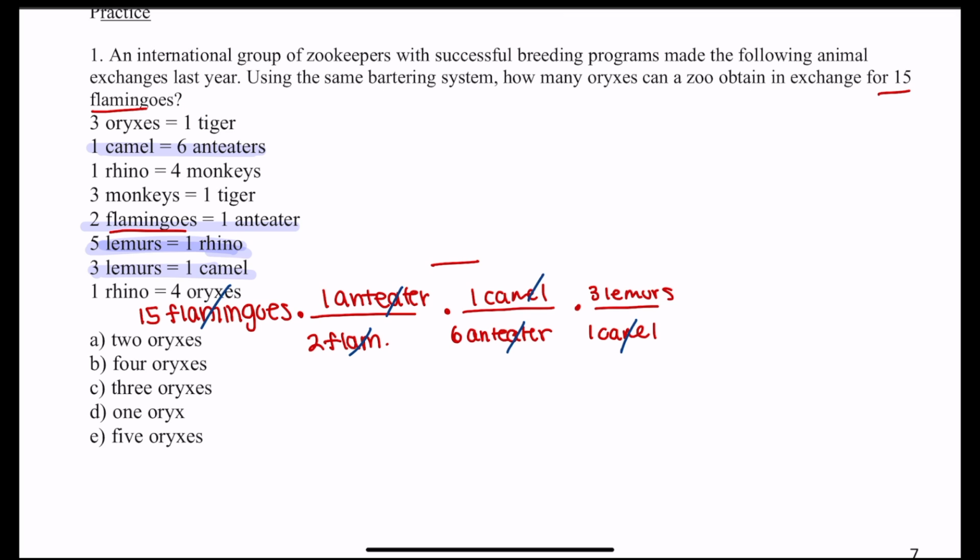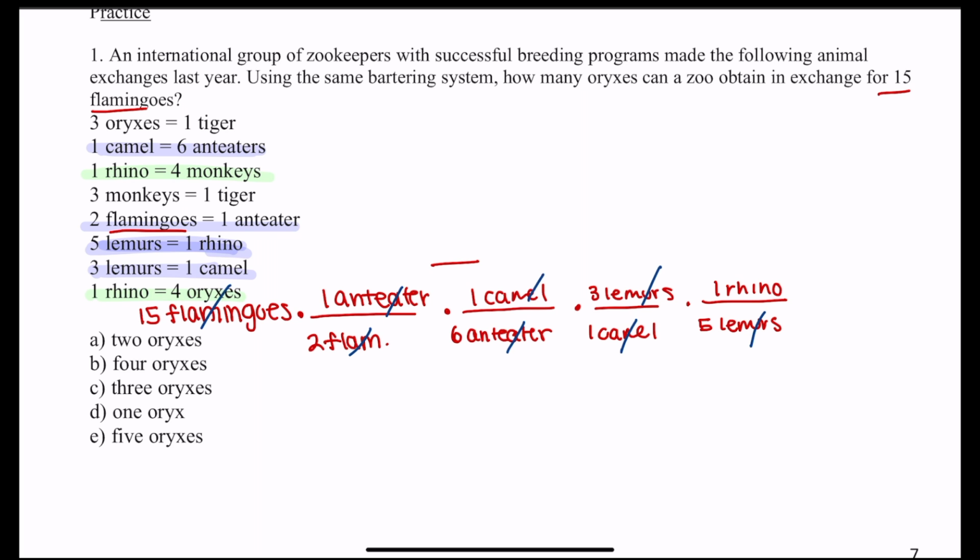Since we want to cancel lemurs, we're going to put lemurs on the bottom, so it'll be 5 lemurs for 1 rhino. Yet again, not oryxes. Next step: let's find rhino here. We find 2 things that can convert rhino: 1 rhino for monkey, or 1 rhino for 4 oryxes.